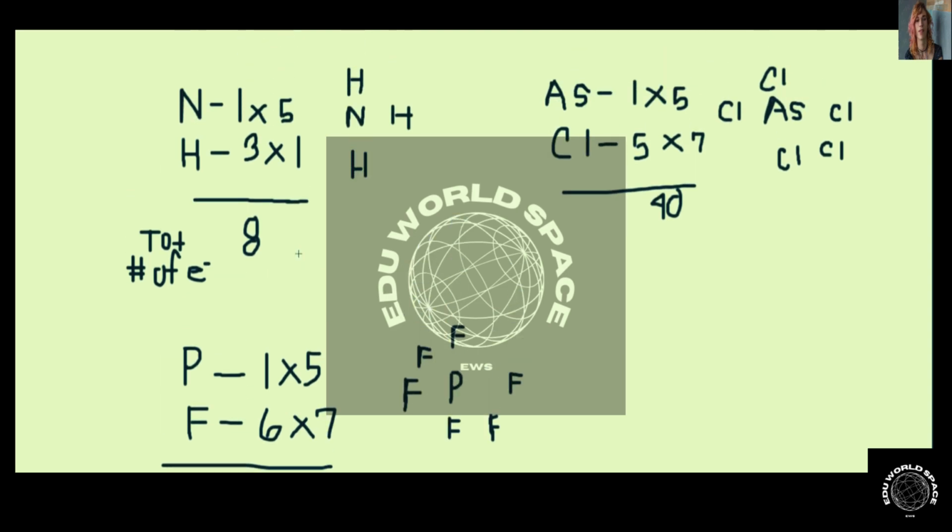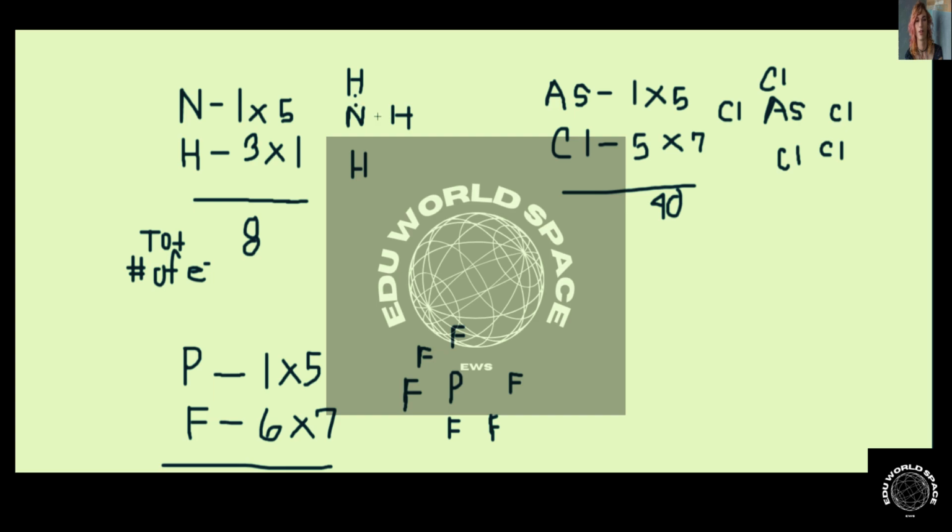So now let's go back here. We know that nitrogen is going to be our central atom, and we're going to start forming bonds. Nitrogen is happy when it has at least 5 valence electrons, so let's make sure that nitrogen is happy. Hydrogen is happy with only 1, at max 2.